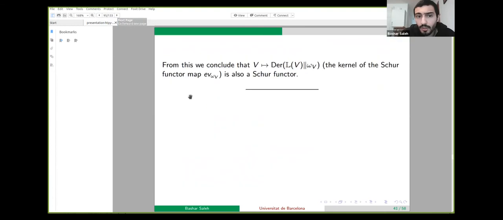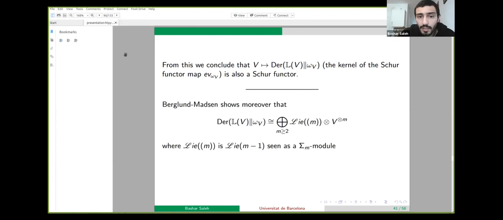So the conclusion is that the map going from V to the derivations on LV that vanish on omega V, the kernel of this Schur functor map, evaluation of omega V on omega V, is also a Schur functor. But more than that, Berglund and Madsen show that it's given by the following Schur functors.